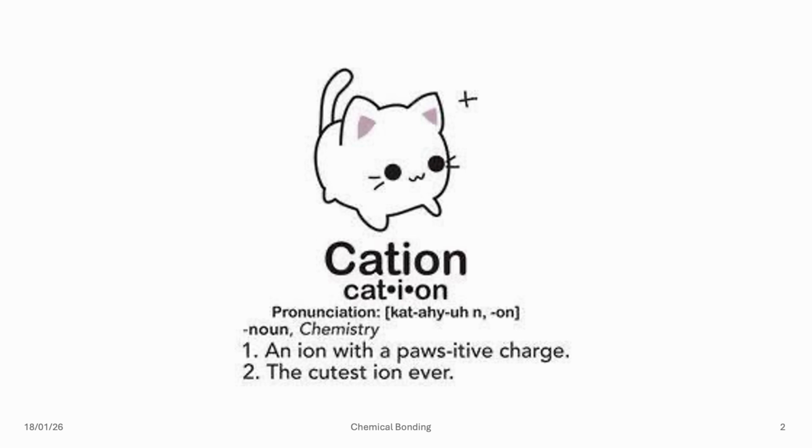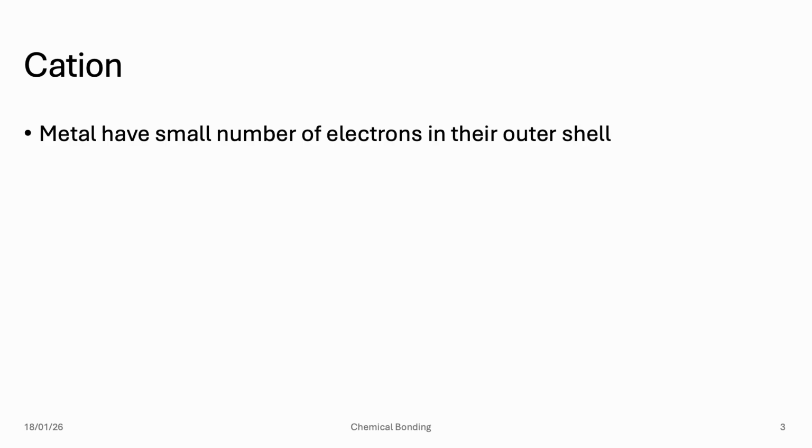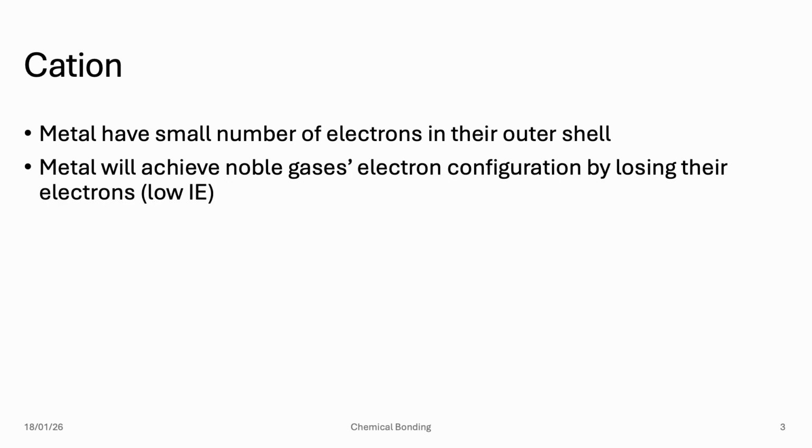Atoms, when they release electrons, will form a cation. It's a positive ion. Metals basically have a small number of electrons in their outer shells, and these electrons cost very little energy to release.